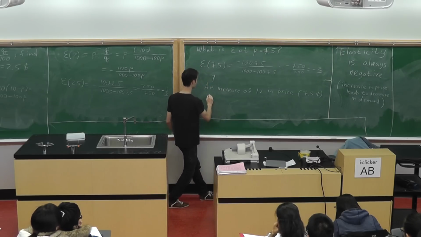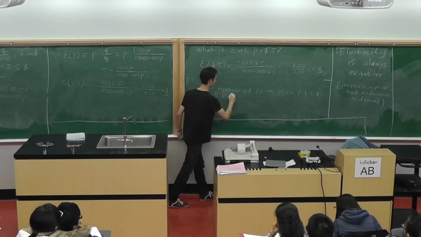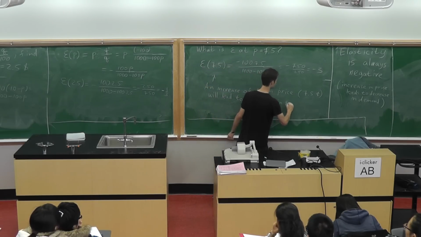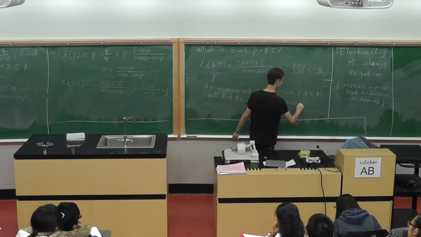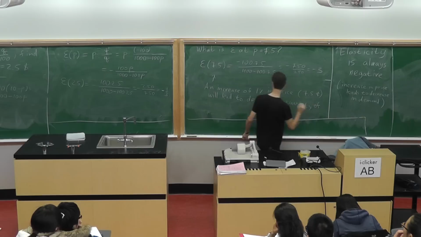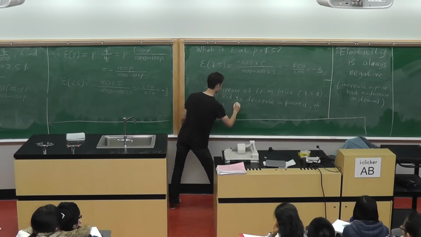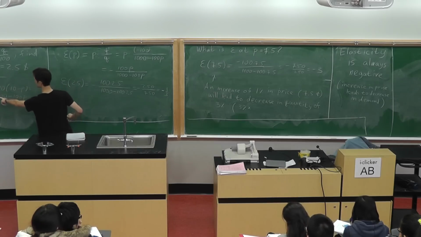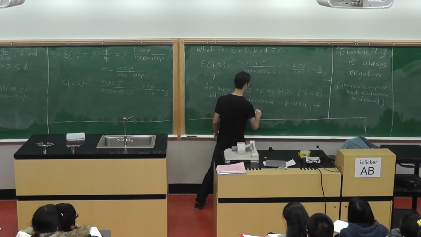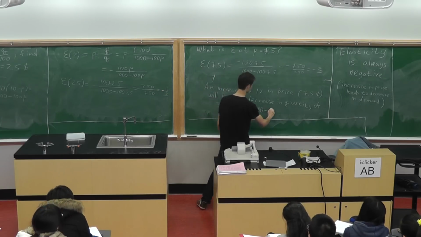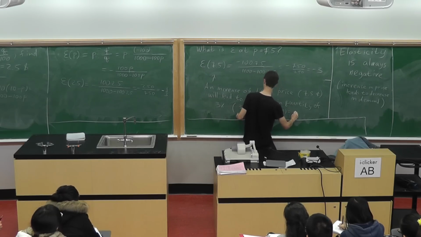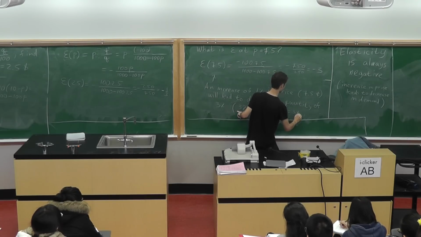A small increase in price will lead to a decrease in quantity of 3%, which is, well, 3% of whatever the quantity is. 1000 minus 100 times 7.5. So it will be 3% of 250.